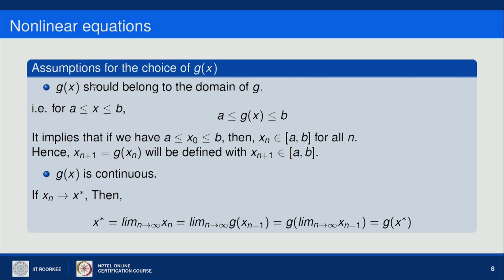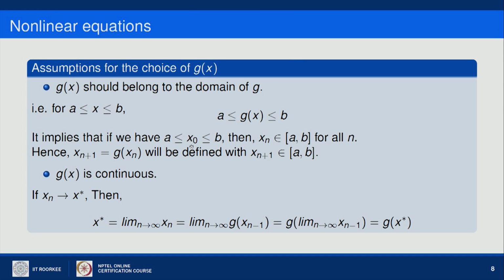Now, I am going to explain a few of the assumptions for choosing g, and the first assumption is that g of x should belong to the domain of x. That is, if x belongs to a closed interval a to b, then g of x should belong to the closed interval a to b. Why am I taking this assumption?